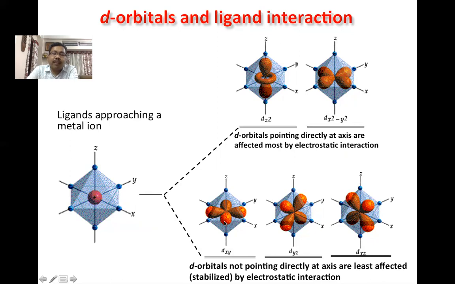So they will feel lesser repulsion when the ligands approach the metal center, and as a result, their energy will be lowered as compared to these two orbitals. Hence, a separation between the 5d orbitals takes place. It forms two sets, as can be seen from this figure. One set contains 3 orbitals, and the other set contains 2 orbitals with high energy.